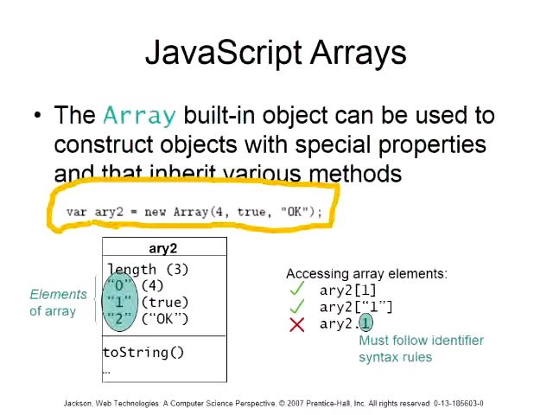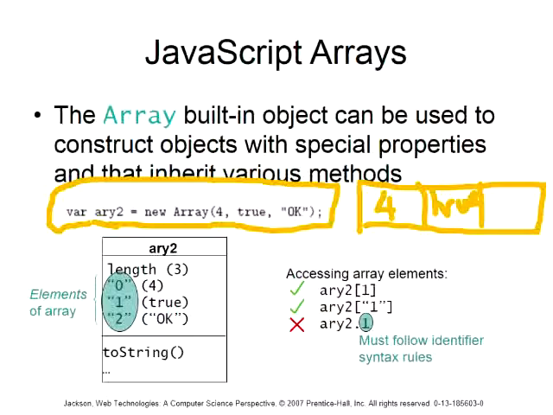True is the second value. So how many elements in this array? Only 3. The first one is 4, the second one is true, and the third one is "okay".